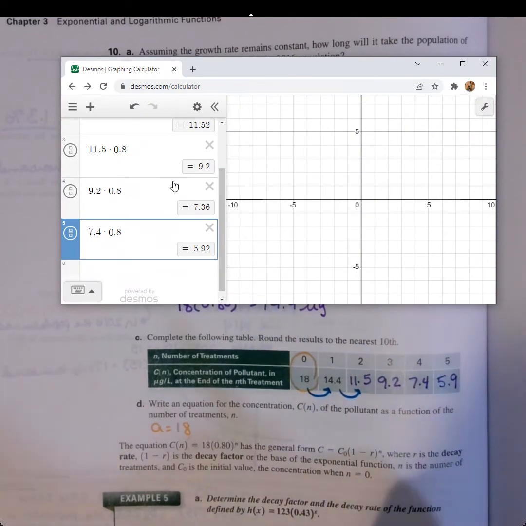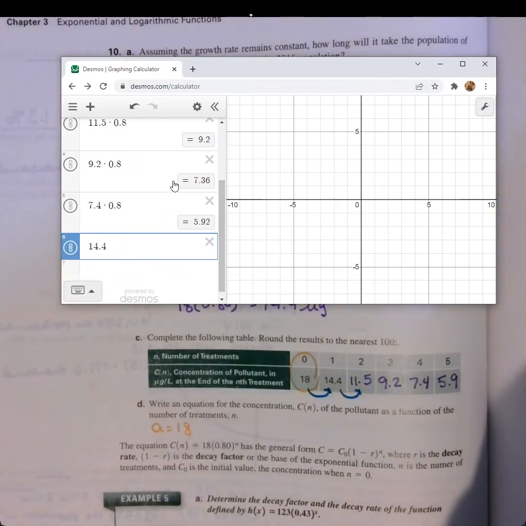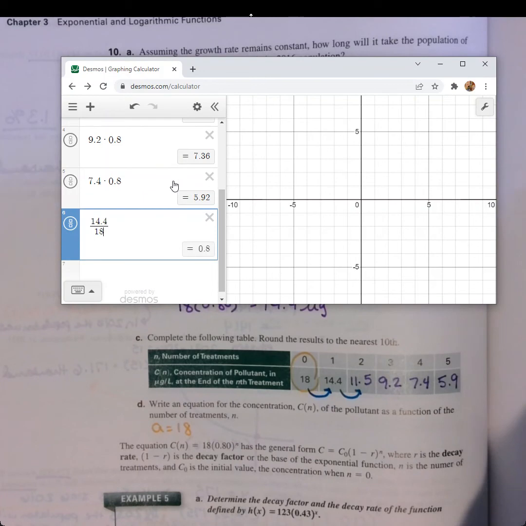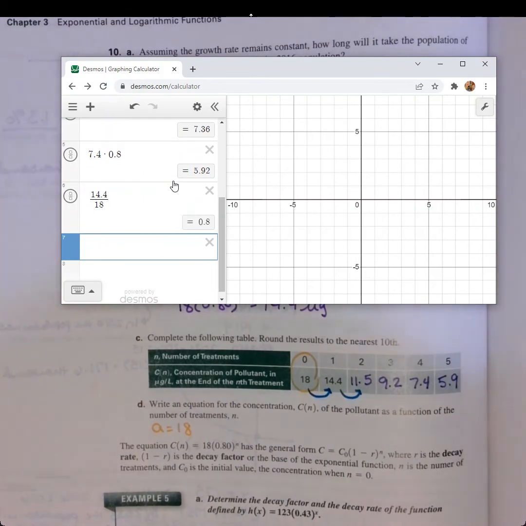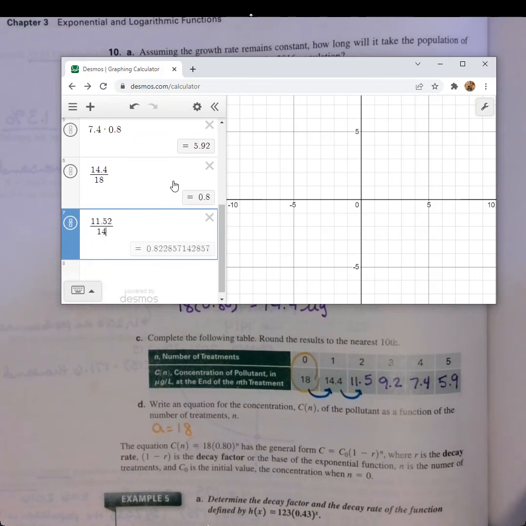So if I take, for example, the 14.4 divided by the 18, I get 0.8. And if I took the 11.52 divided by the 14.4, I get 0.8.